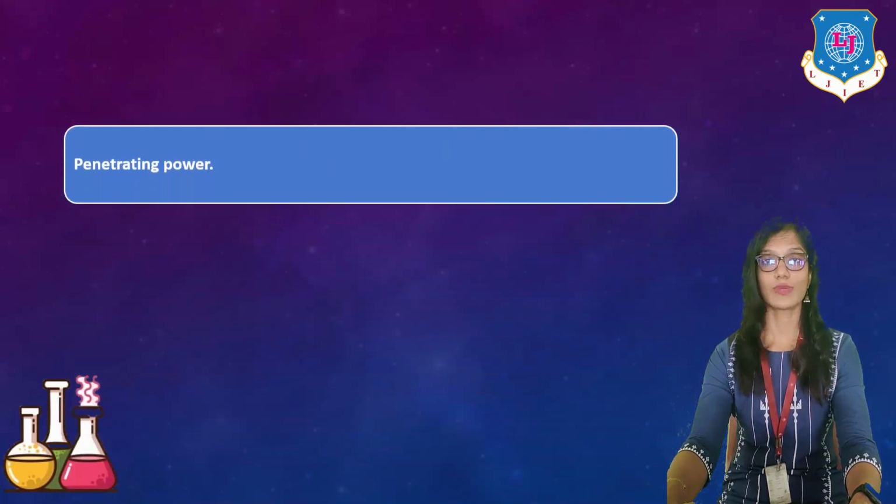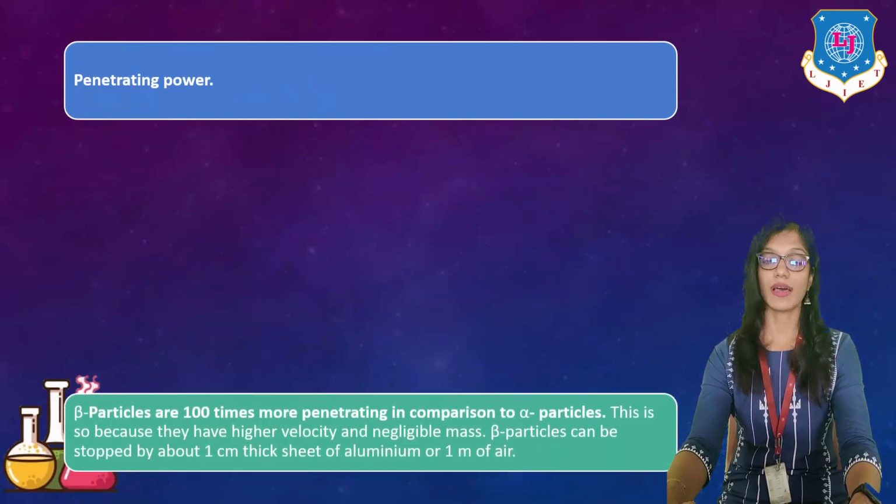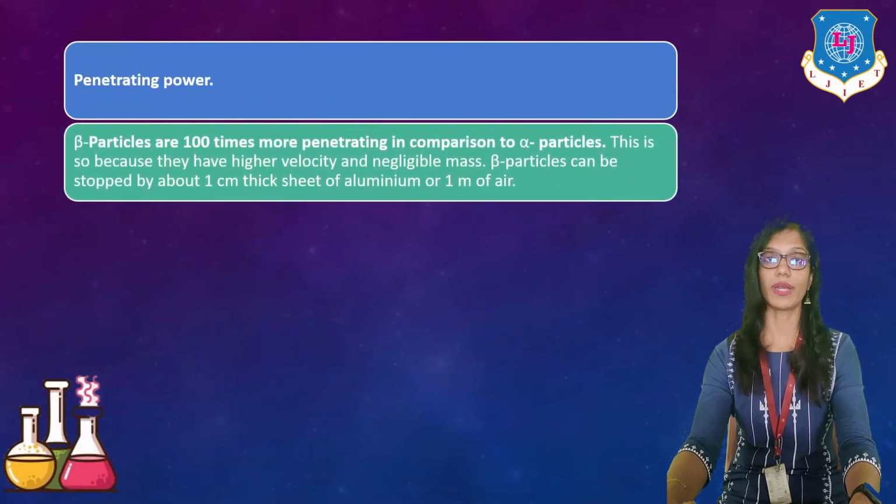Let's move ahead to the next property, which is penetrating power. Beta particles are 100 times more penetrating in comparison to alpha particles. This is so because they have higher velocity and negligible mass. Beta particles can be stopped by a 1 centimeter thick sheet of aluminum or 1 meter of air.